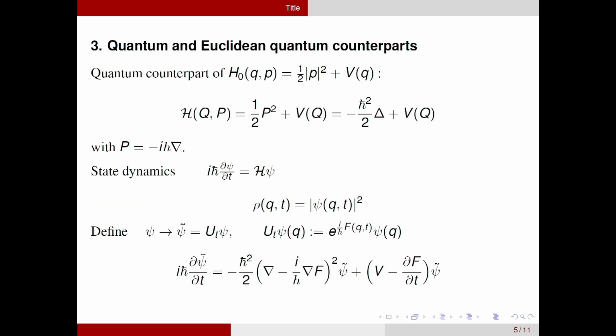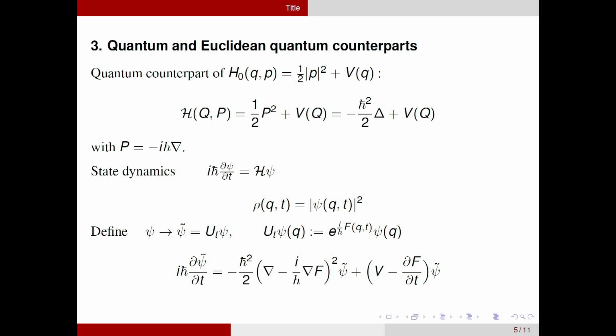Okay, what about the quantum version? For the quantum version, I take the same classical object. Here is the quantization. You are supposed to accept that if you know the solution of these, you know a density because of Born's interpretation.